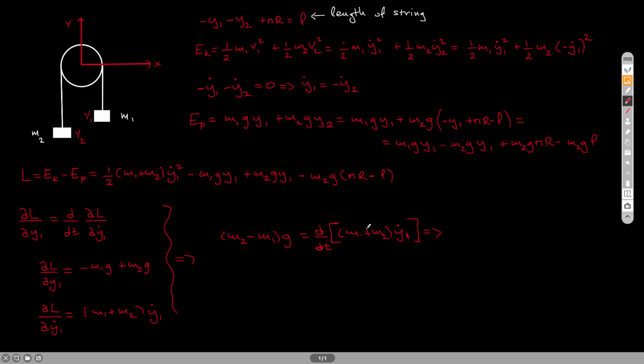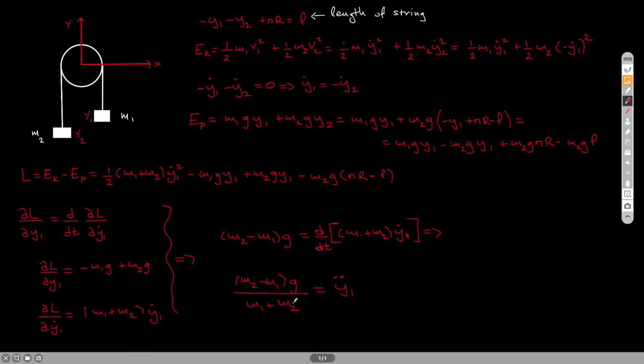Because m1 plus m2 is a constant, the time derivative will essentially change this to y1 double dot. So I will have (m2 minus m1) times g divided by (m1 plus m2) is equal to y1 double dot.